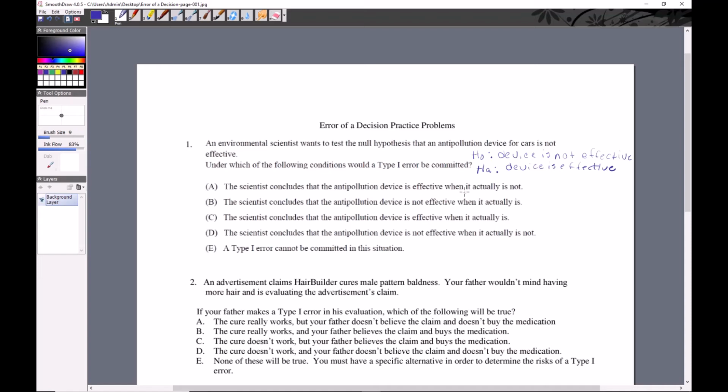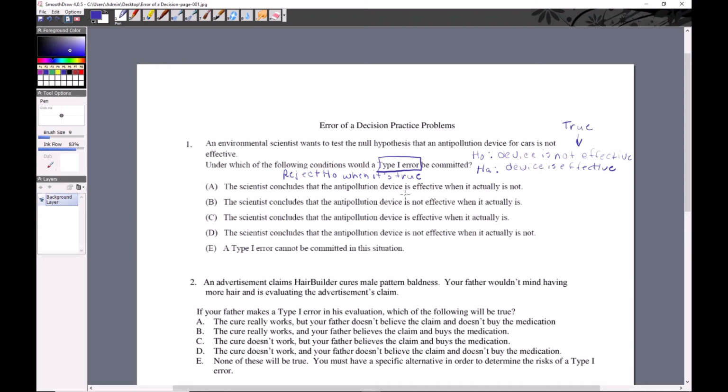Okay, so under which of the following conditions would a type 1 error be committed? All right, let's kind of write out what that is. That's going to be to reject H0 when it's true. All right, so we're going to just kind of say that that H0 is true.